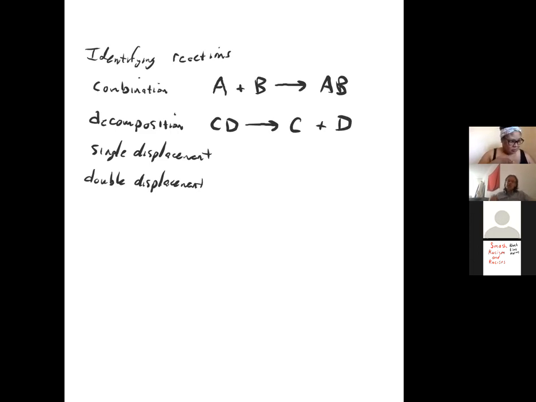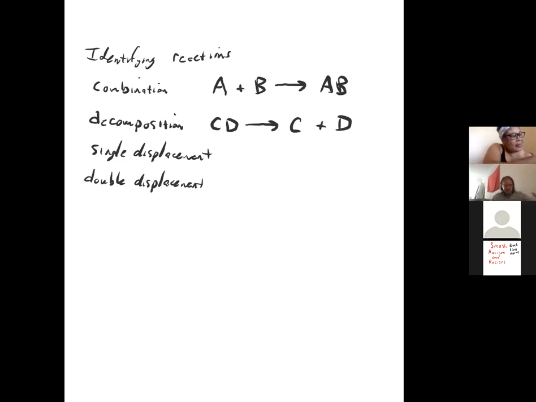So CD is more complex than C. It's more complex than D. So if CD turns into C plus D, two different things, that would be decomposition. Generally, combination, you have more reactants, fewer products. Decomposition is the reverse. You have fewer reactants, more products, okay?